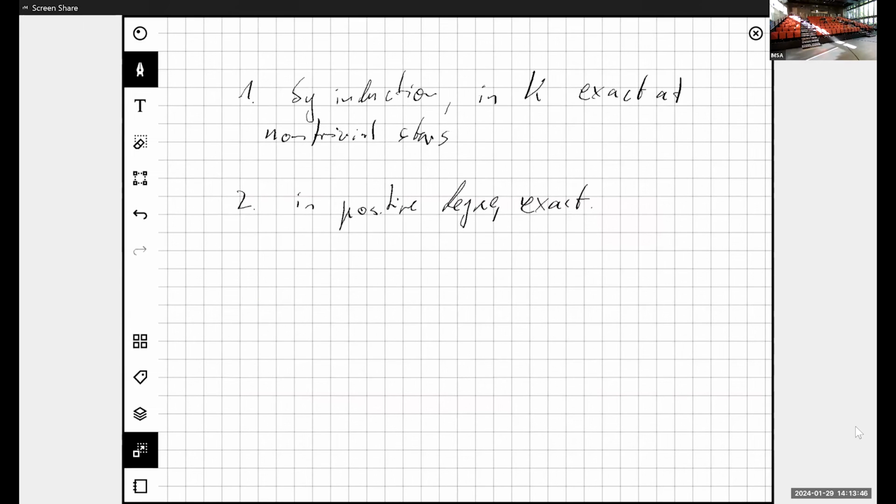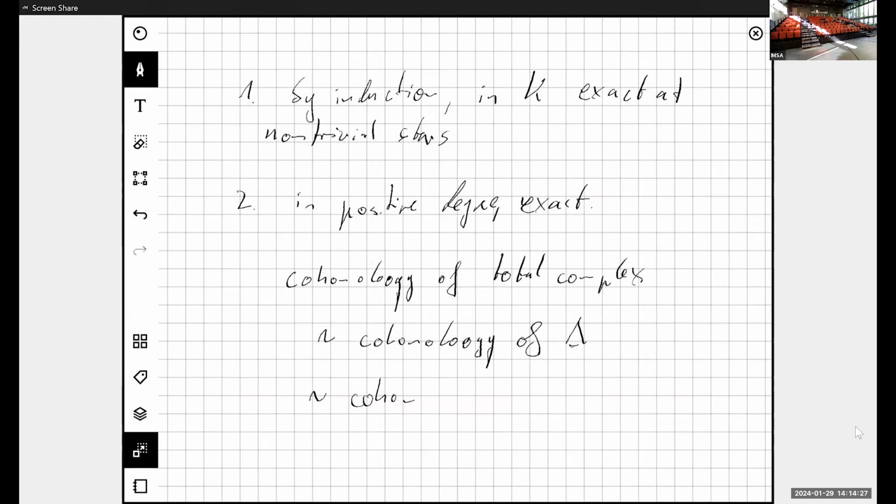But this turns out to say that the cohomology of the Koszul complex, of the total complex, is essentially the cohomology of delta, and this is the cohomology of the partition complex reduced.